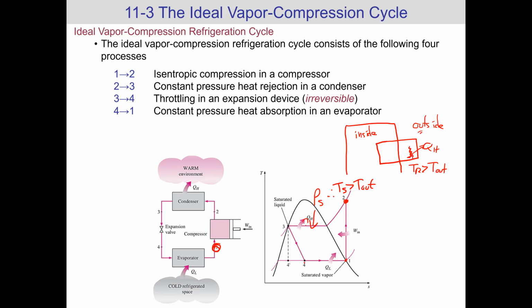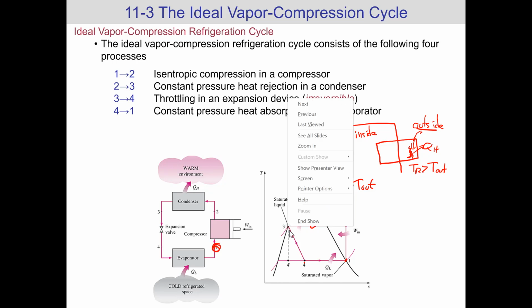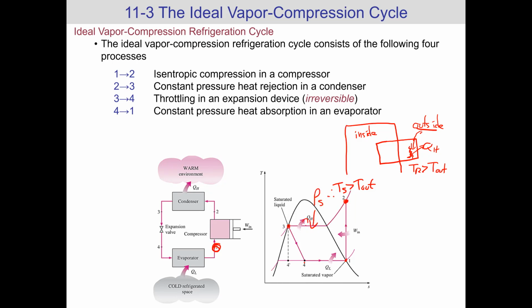There's a fan taking in air from the outside, and the air is blowing over the coils so that the outside air is absorbing the heat from the refrigerant and causing the refrigerant to condense down to state 3, which is a saturated liquid. Now again, the operating pressure of the condenser has to be high enough so that the saturation temperature of the refrigerant is hotter than the outside air, allowing it to reject heat to the outside.